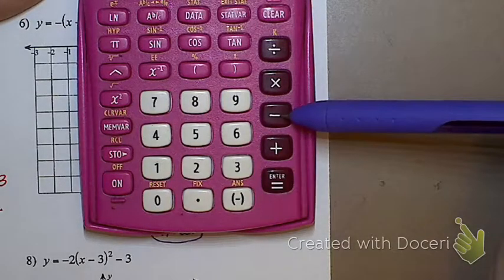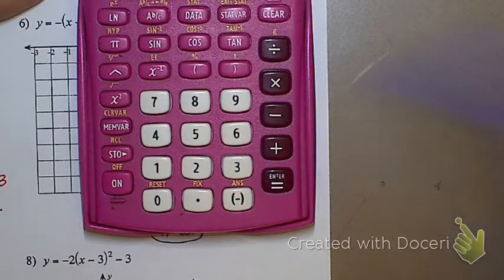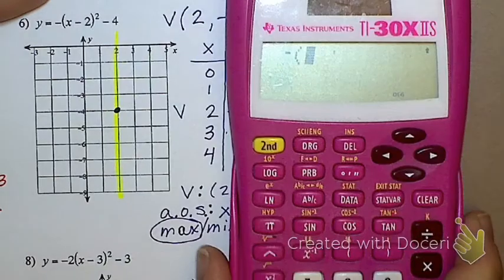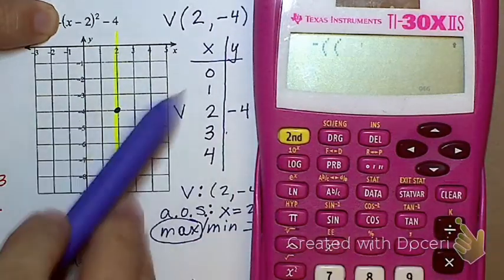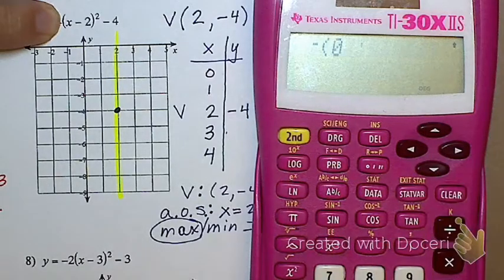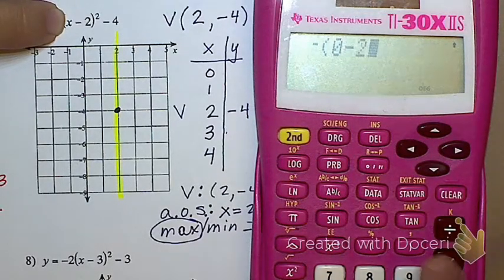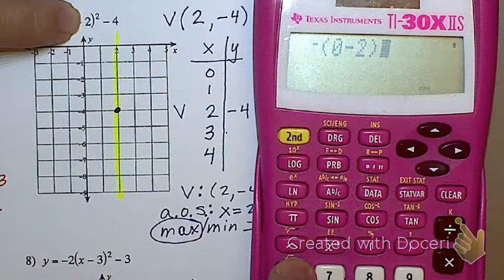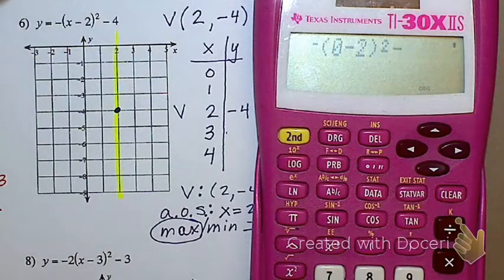If you try to use this as your negative sign, it will say error. Okay, I'm going to start out plugging in 0. Whoops, too many parentheses. 0 minus 2, close my parentheses, squared, minus 4. Any guesses as to what I'm going to get?